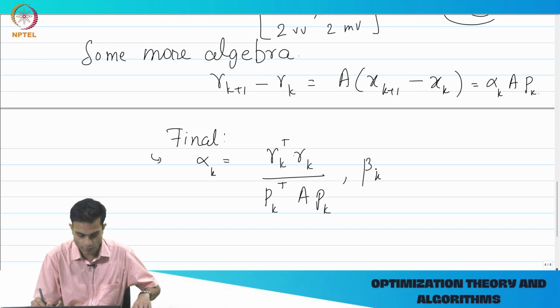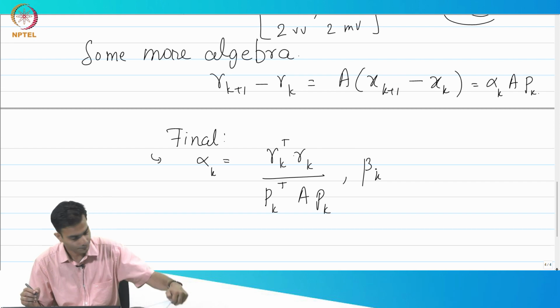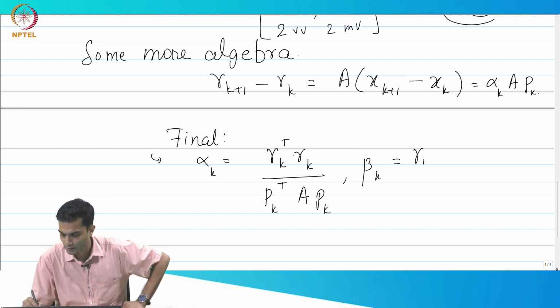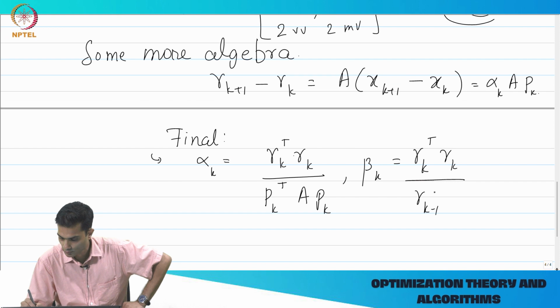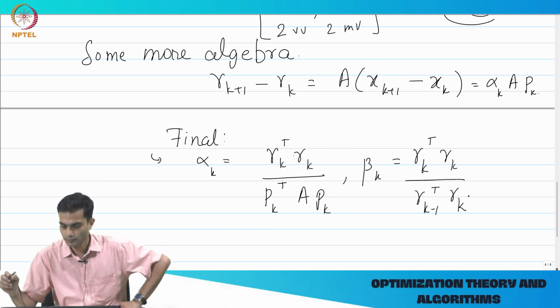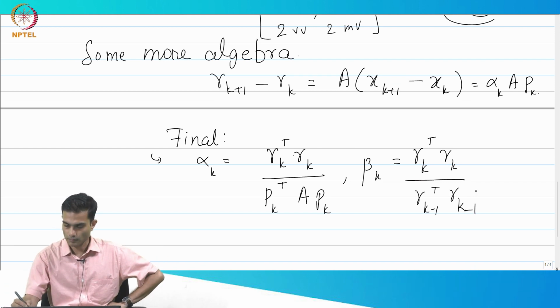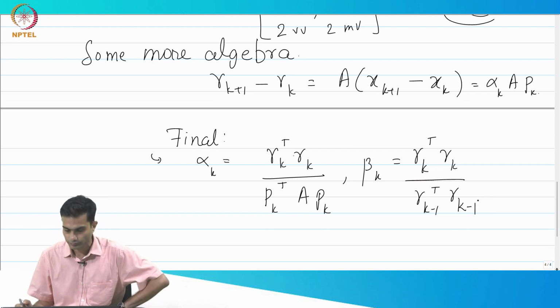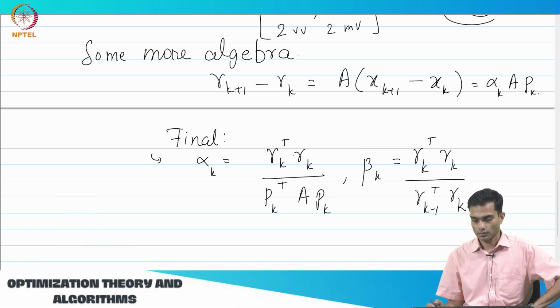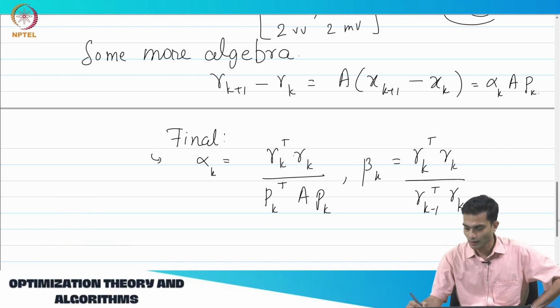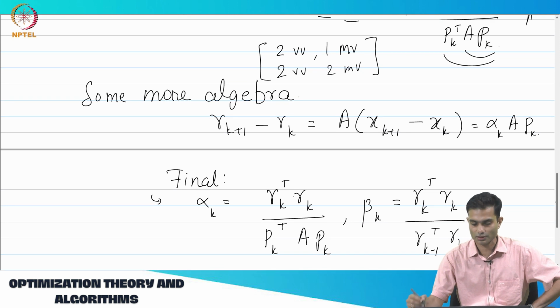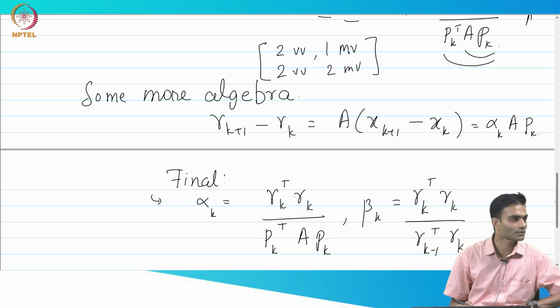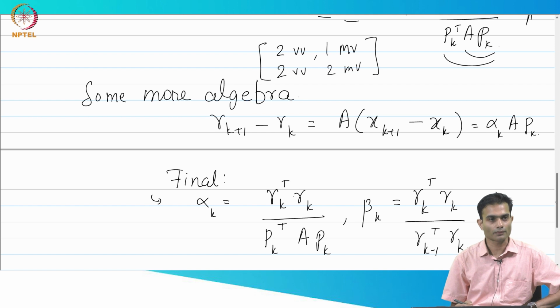Similarly, I'm going to write down the expression that you get for beta k. It's a particularly nice expression. Okay, so do you see any advantage of this expression, these expressions over the previous expressions from a computational point of view?